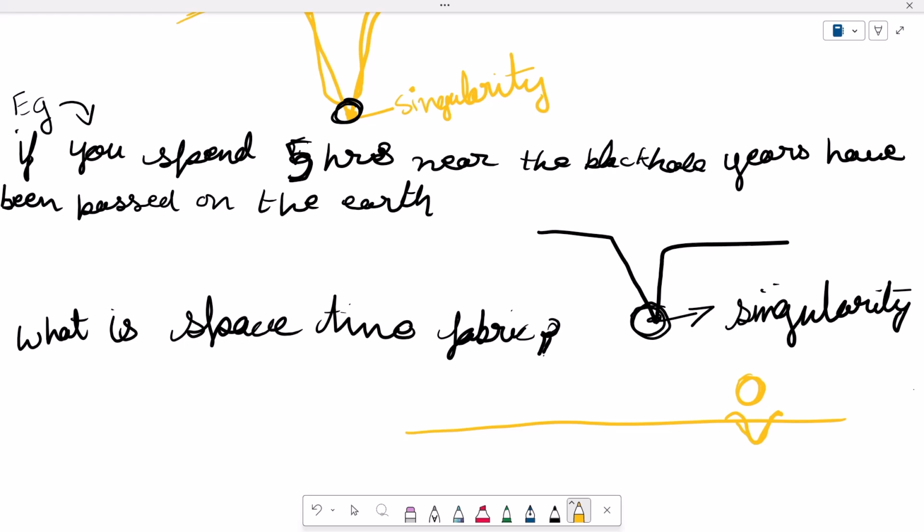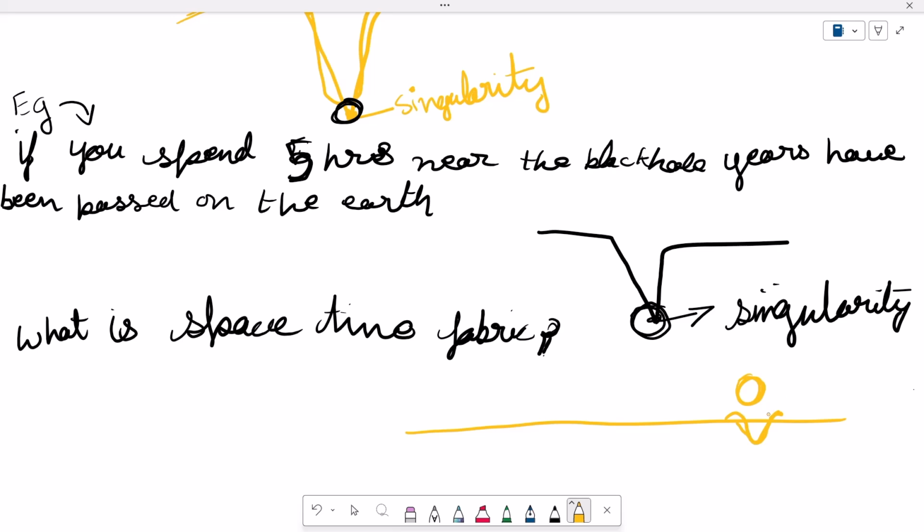Einstein also defined gravity completely differently from Newton. Newton defined gravity as a force that exists between two objects due to their masses. But Einstein defined it as something which creates curves in the space-time fabric, which even causes light to bend.